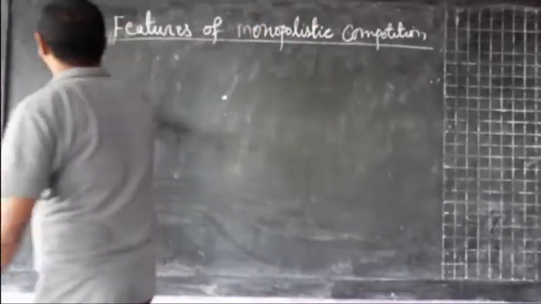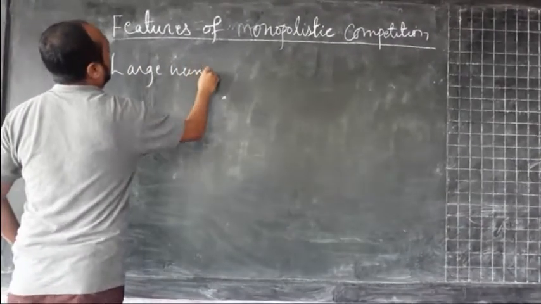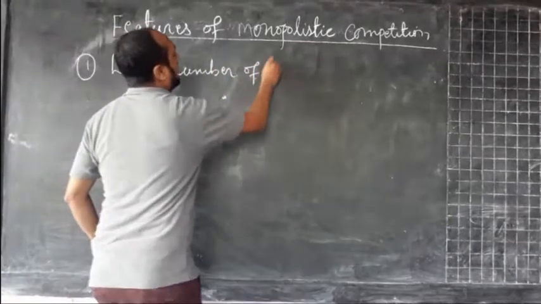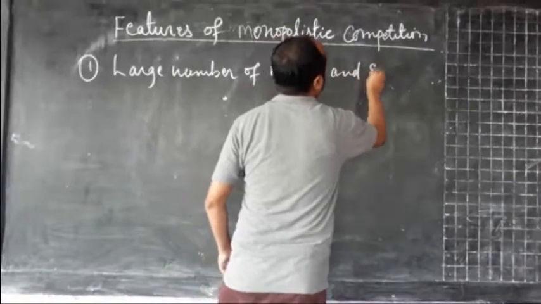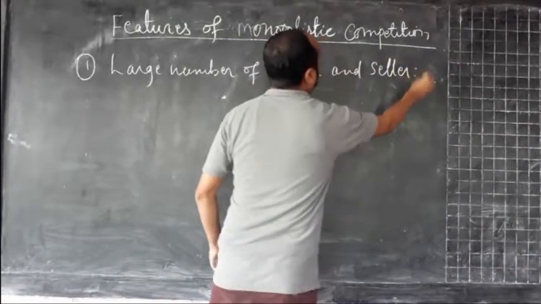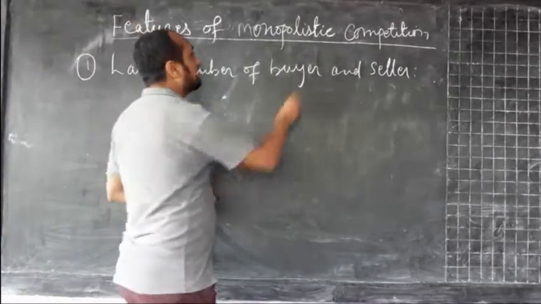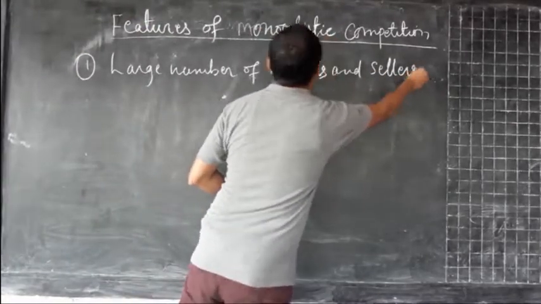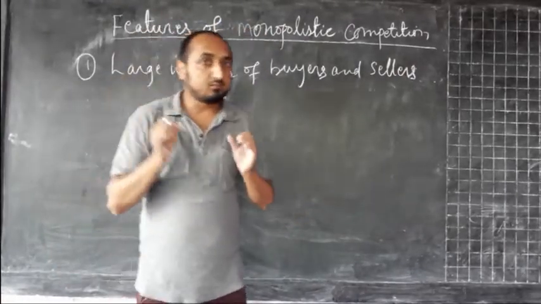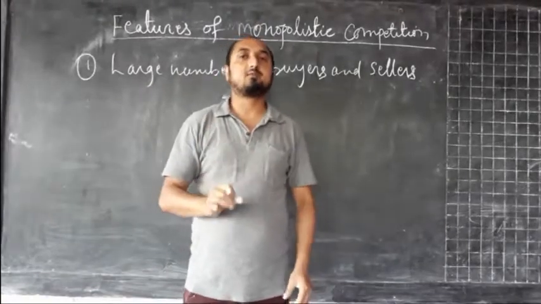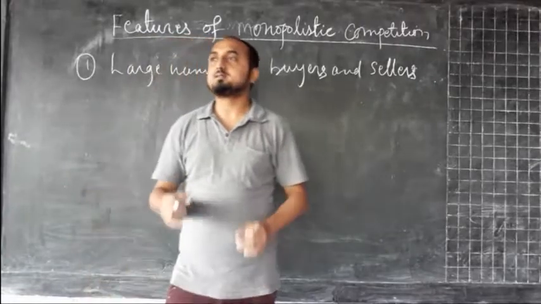The first feature we have is a large number of buyers and sellers. One of the most important characteristic features of monopolistic competition is the large number of buyers and sellers.